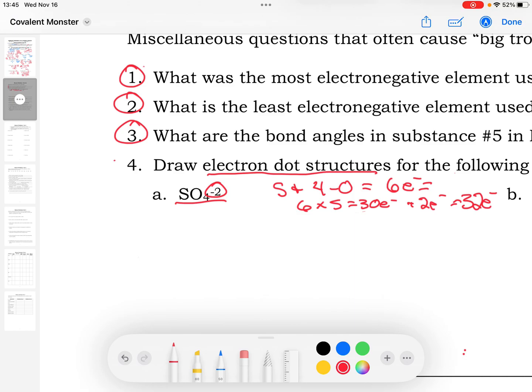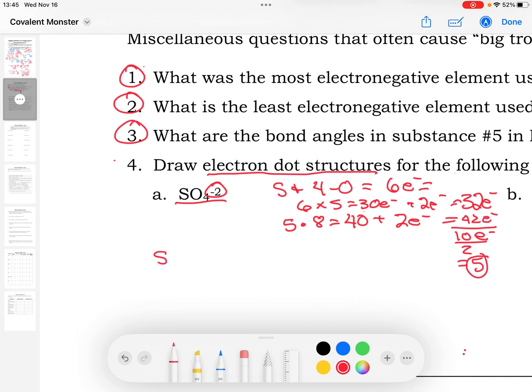If I figure out how many electrons I need, 5 times 8 equals 40 electrons, plus the 2 extra electrons, totals 42. That gives me 10 divided by 2 equals 5 bonding sites.